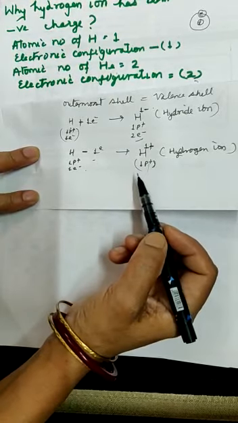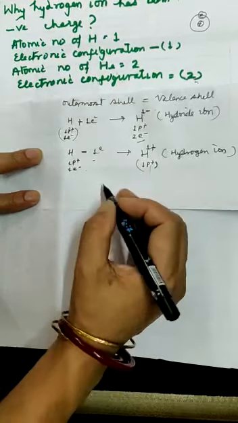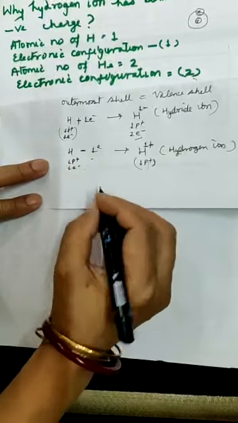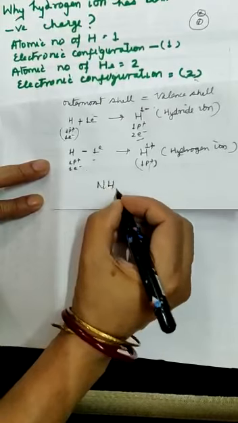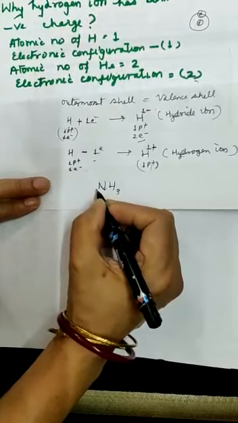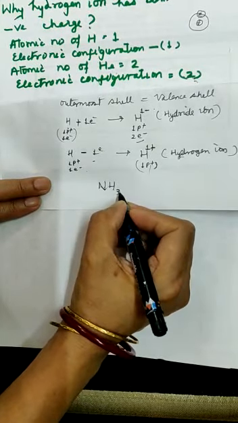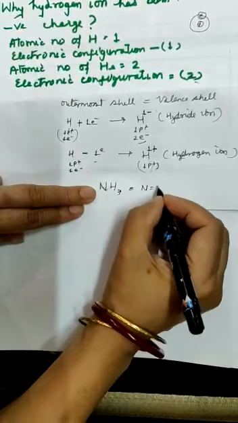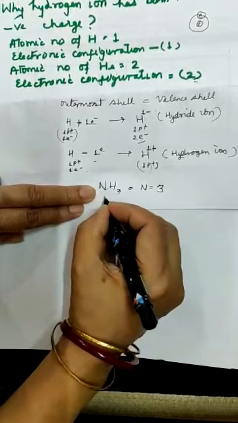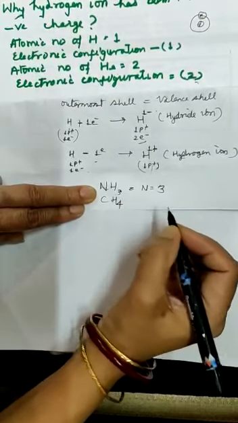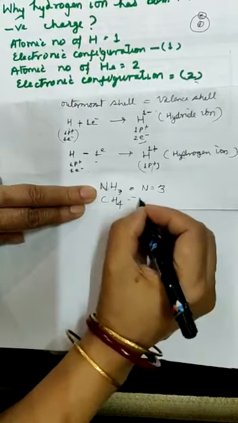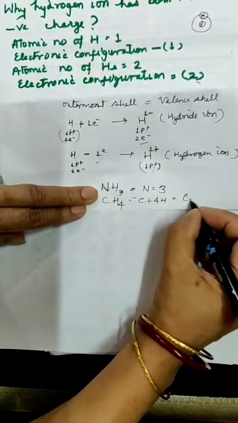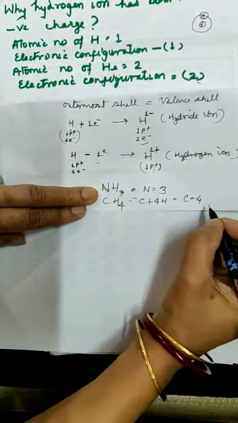Because of this only, with the number of atoms that combine with hydrogen, we can determine the valency of that element. For example, see NH3. Here a nitrogen atom combines with 3 atoms of hydrogen. So we know that the valency of nitrogen is 3. Similarly, look at CH4, methane. 1 carbon atom combines with 4 atoms of hydrogen. Therefore, the valency of carbon is 4.